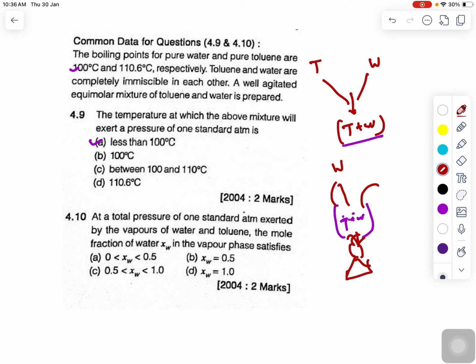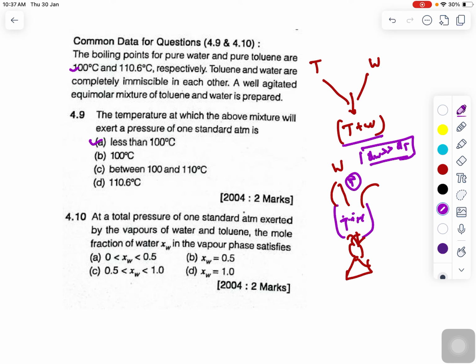So the mole fraction of water in the vapor phase will be more, but can never be equal to 1, right? Why? Because some part of the toluene will also go. Obviously the mole fraction of water will be greater than that of toluene, but it is not going to be equal to 1. Is that clear? But it will always be richer in the more volatile component, that is water.